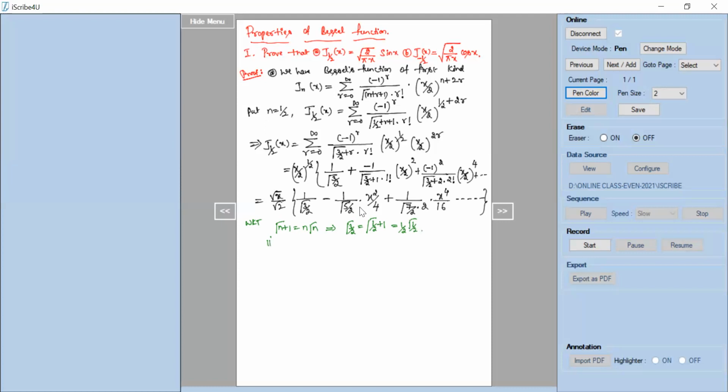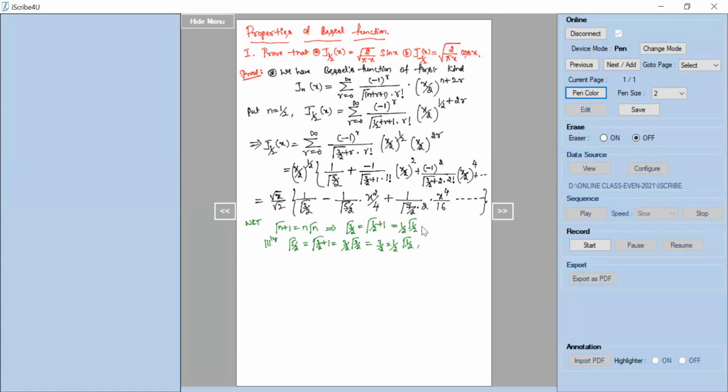In the same way, I can write gamma 5 by 2 as gamma of 3 by 2 plus 1. So this is 3 by 2 gamma 3 by 2. And further, gamma 3 by 2 is nothing but 1 by 2 into gamma 1 by 2. So I can write 3 by 2 into 1 by 2 into gamma 1 by 2.